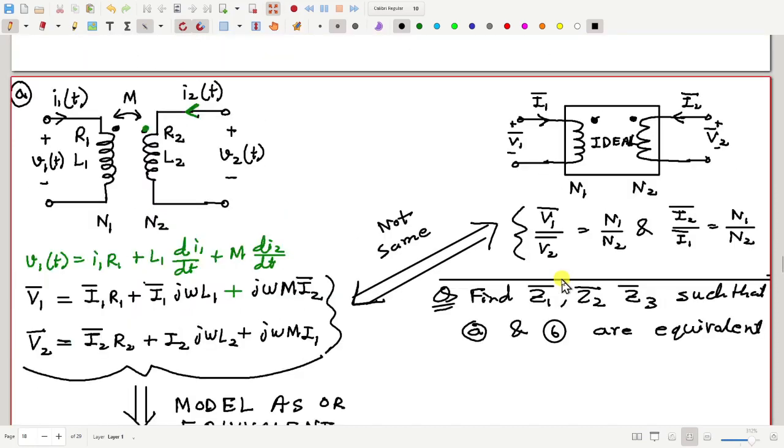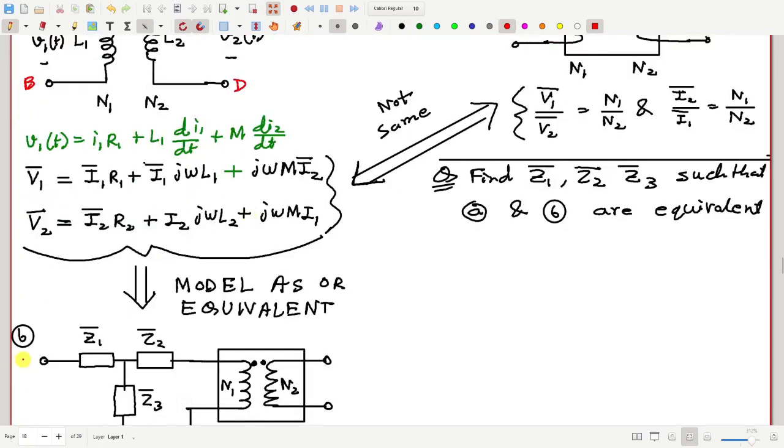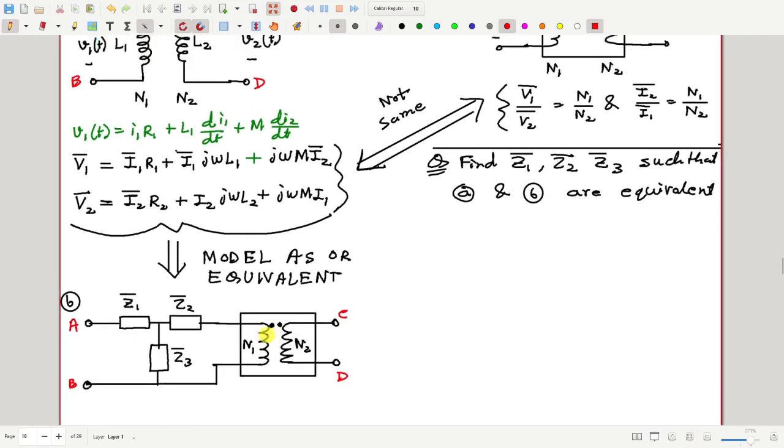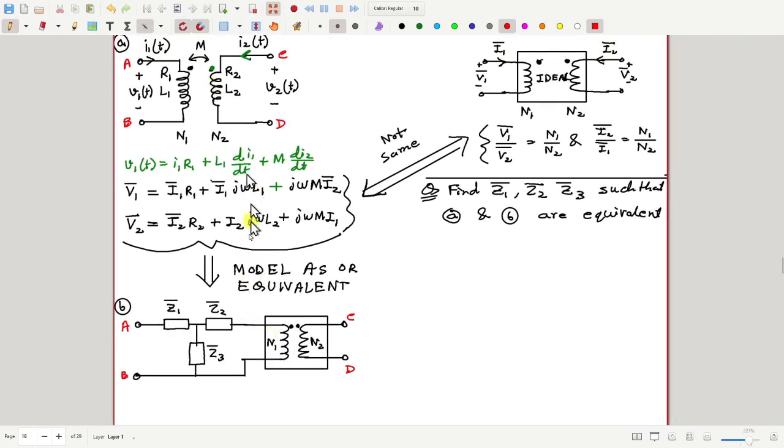Before that, let me also give some names to these terminals as A, B, C, D. Here also I have the same names A, B and C, D. Now when I say that these two circuits are equivalent, then when seen from outside, they should behave identically.